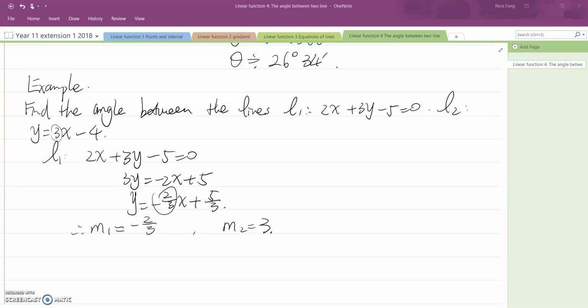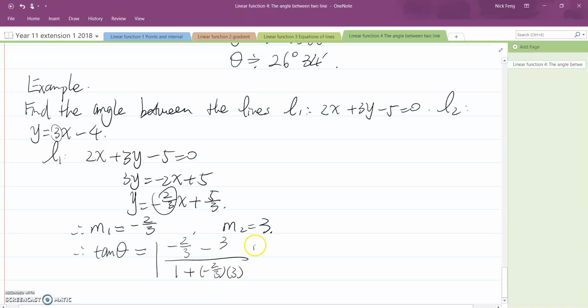Okay, so once we get that, the angle between the two lines, tan theta equals M1 minus M2, it doesn't matter which one you use, over 1 plus M1 times M2.